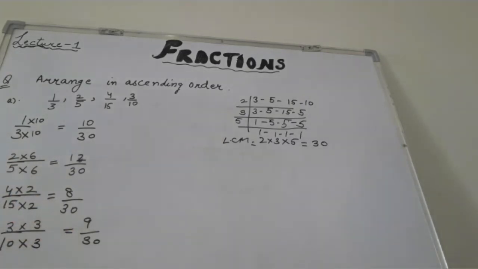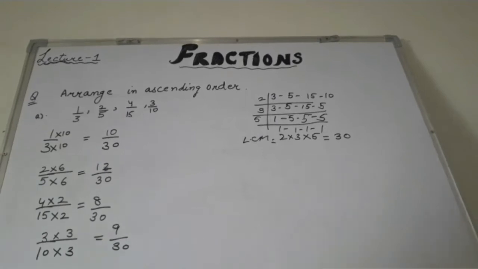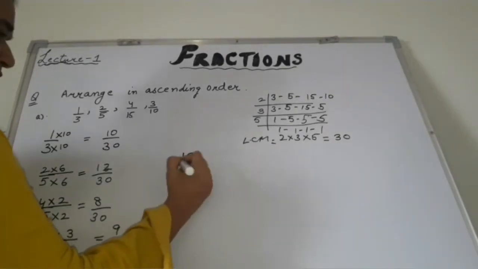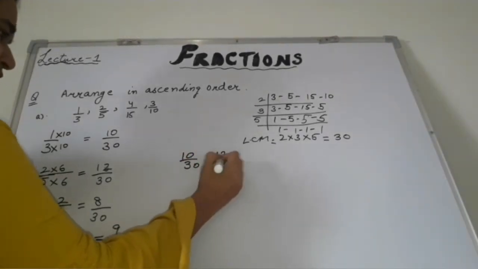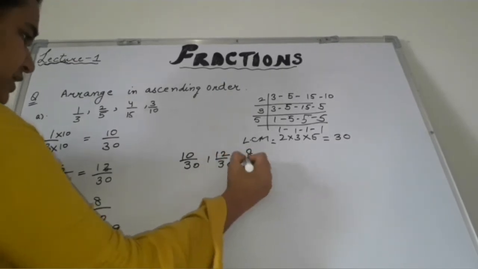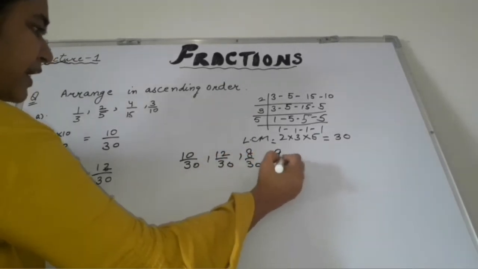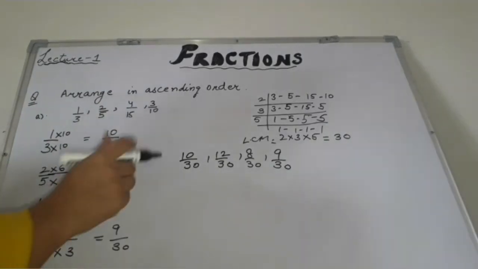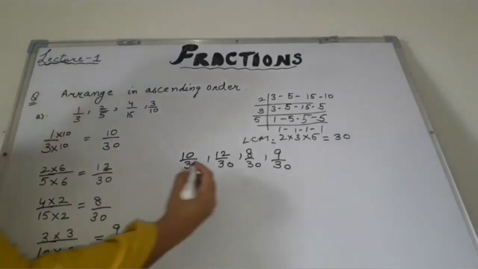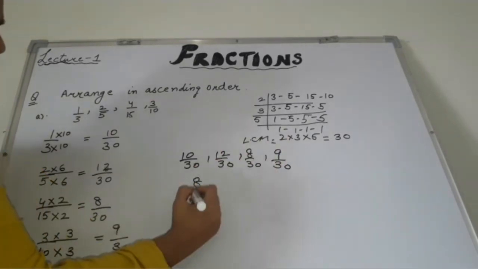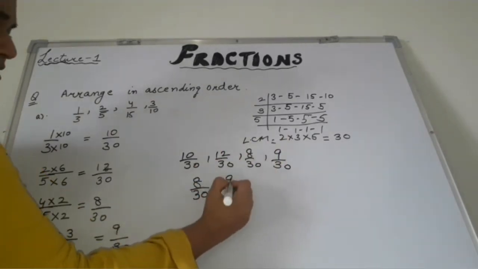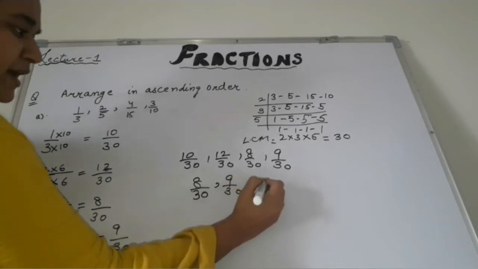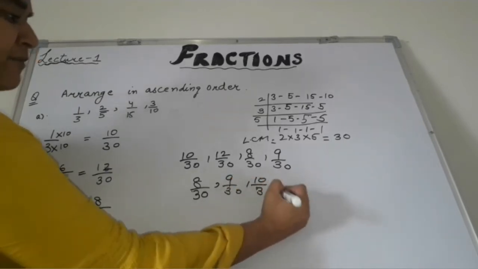You get your denominators the same. Now I have to make them in ascending order, so I have to write the smallest first, and among them the smallest is 8 by 30, and then 9 by 30, 10 by 30, 12 by 30.